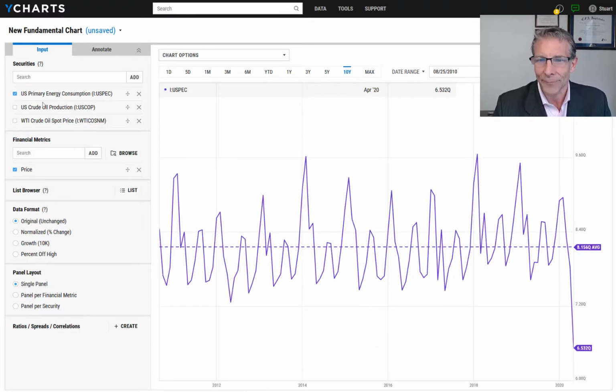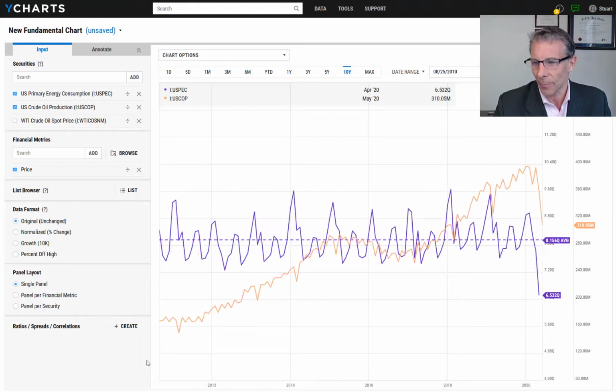Now, if we look at crude oil production, I'm going to put this on the chart. We've been increasing our crude oil production for the last decade. But of course, you see a drop off as our consumption's dropped off. And I'm not sure if you're aware of this, but back in May, we had so much excess oil that we couldn't even find a place to store it.